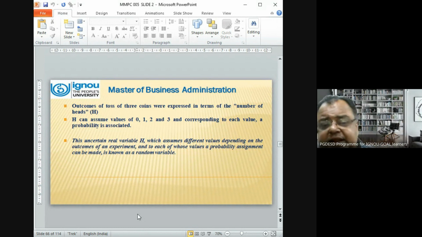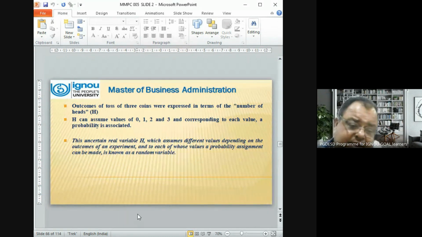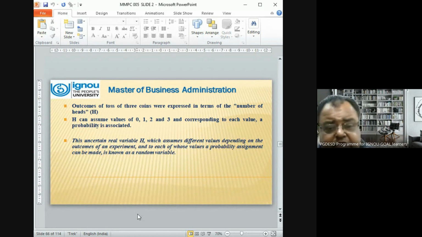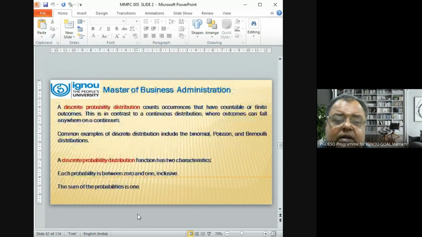This uncertain real variable H, which assumes different values depending on the outcomes of the experiment, and to each of whose values a probability assignment can be made, is known as a random variable. A discrete probability distribution counts occurrences that have countable or finite outcomes.